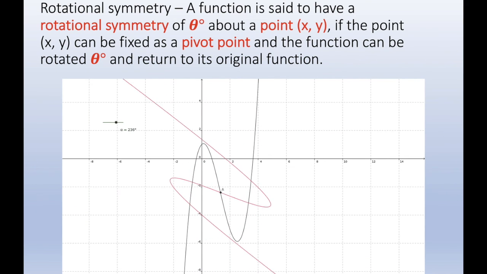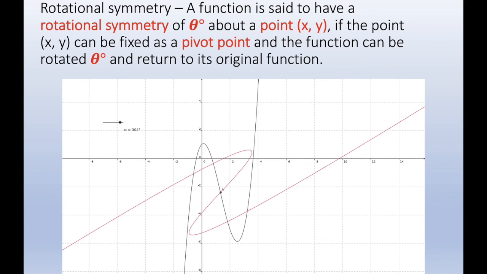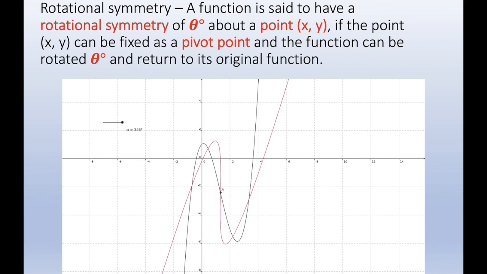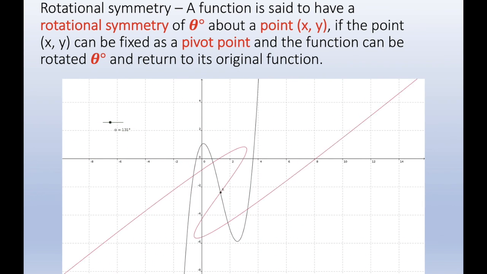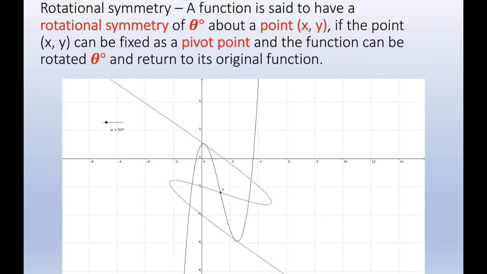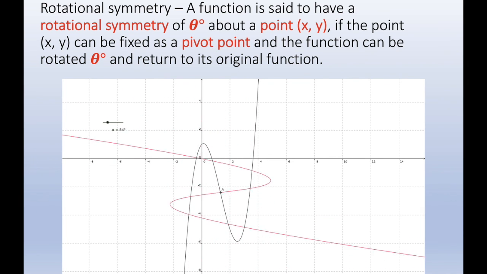Right, we're going to look at rotational symmetry. You can see that the red line here is the black line being rotated about the point A. So here, this is what you call rotational symmetry.